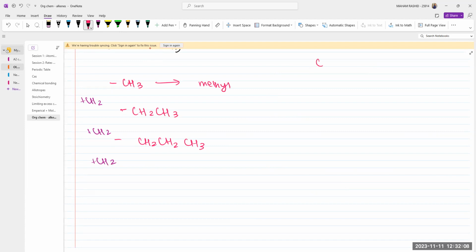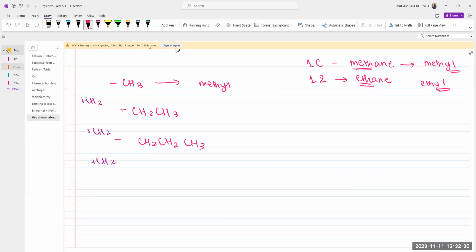Because when you're looking at an alkane which has one carbon, it's a methane, right? When you're looking at an alkane that has two carbons, it's an ethane. So basically, when you know this already, you just change the name to -yl.